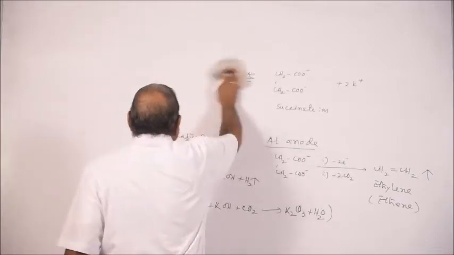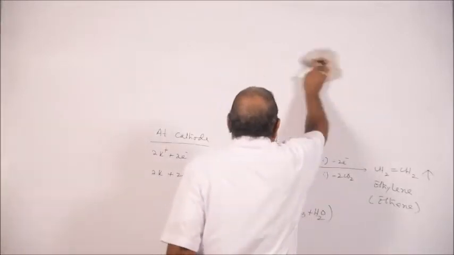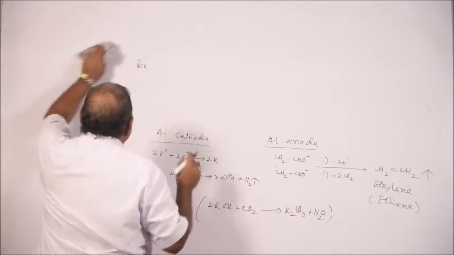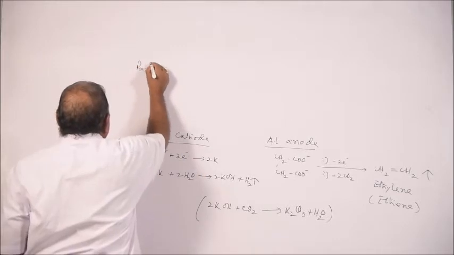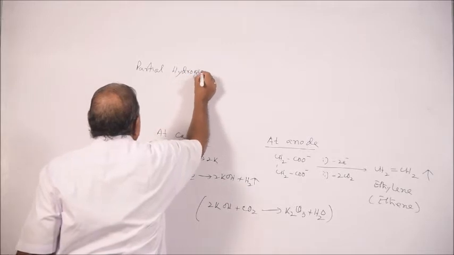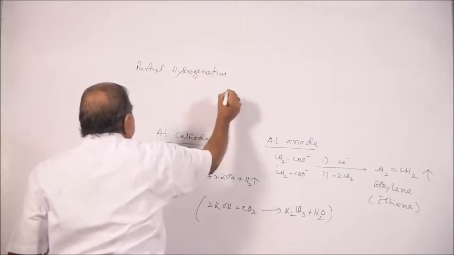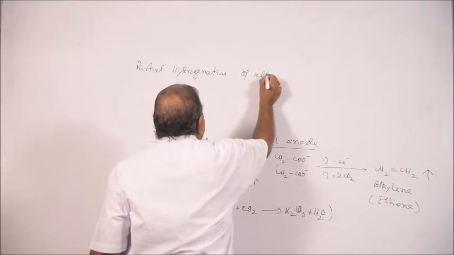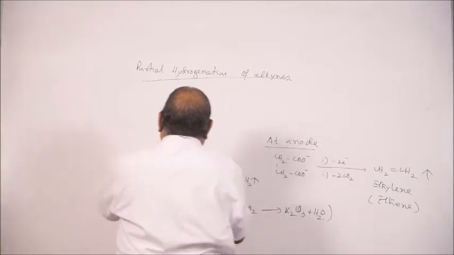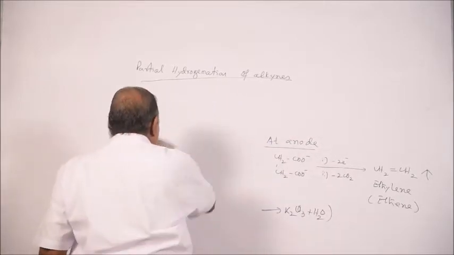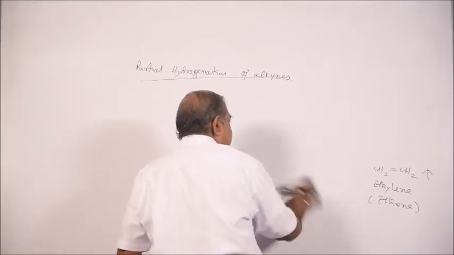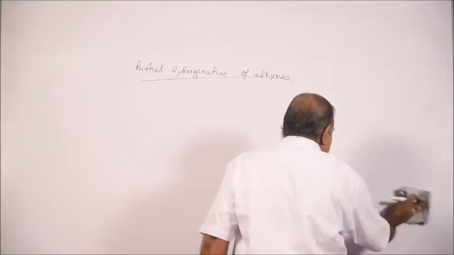Next method is by partial hydrogenation of alkyne. Alkynes possess a carbon-carbon triple bond. When it is partly hydrogenated, you will get a double bond. If it is completely hydrogenated, it will form a carbon-carbon single bond.